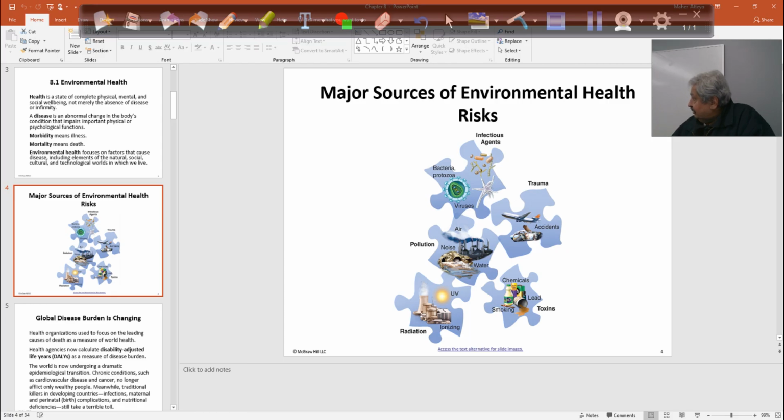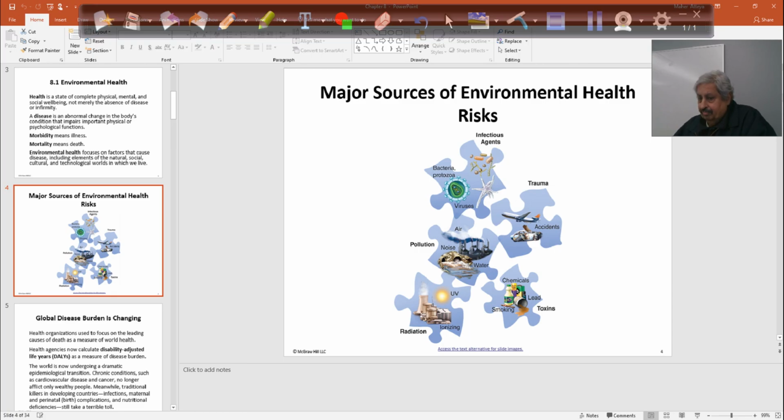It gives you just cars and airplanes. Accidents can happen not only in cars and planes. You go up to the mountain and you get an accident. You slip from the summit, the peak of the mountain, to the bottom. That's an accident too. But accidents, this affects the environmental health.